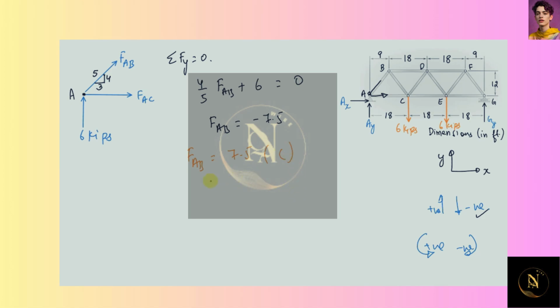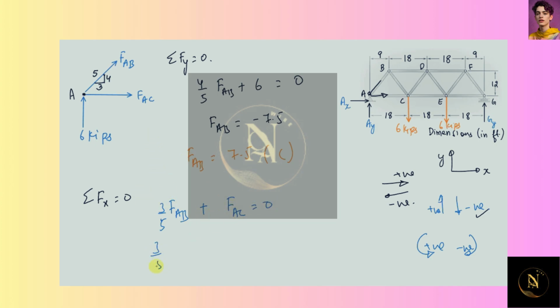Now next I will be calculating FAC. For that we can use one equilibrium condition, that is sigma Fx equals 0, and the forces in this direction will be taken positive and the forces in this direction will be taken negative. So we have FAB, we have to take the horizontal component of this force, so 3 by 5 FAB plus FAC would be equal to 0.